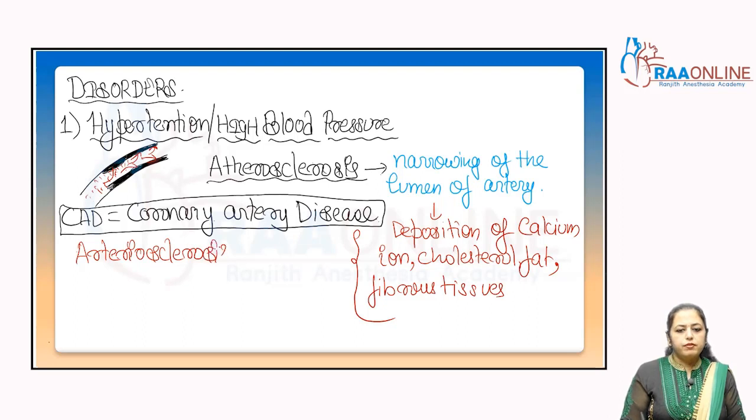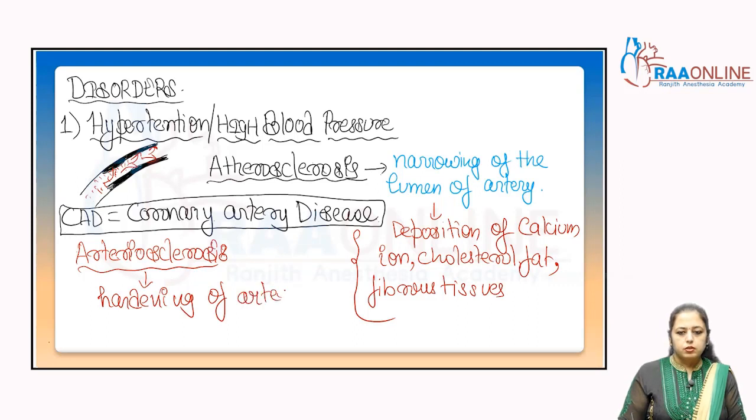So we see that there is a little bit of difference between arteriosclerosis and atherosclerosis, right? One is the narrowing of the lumen of the artery and the second one is the hardening of the artery, but according to NCERT both are the same, right?